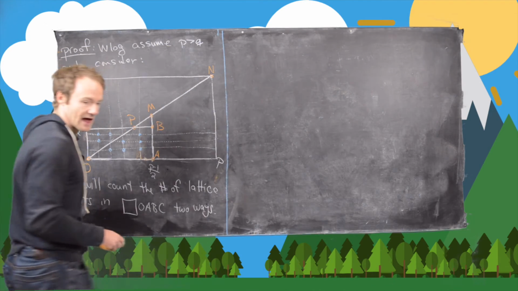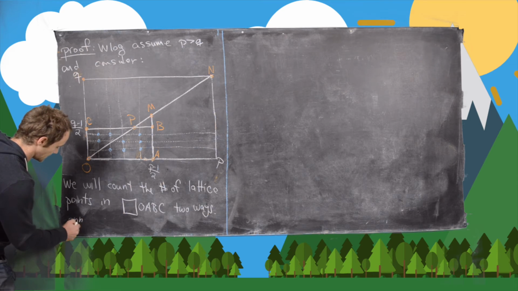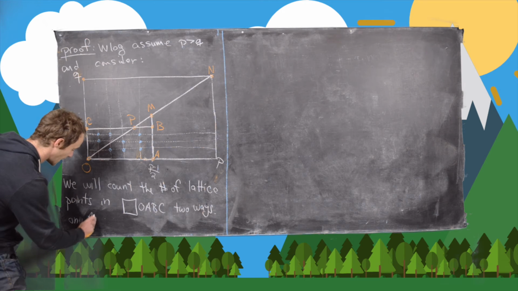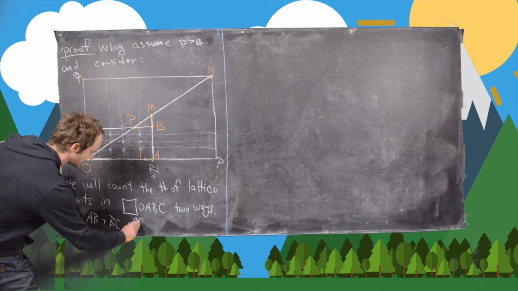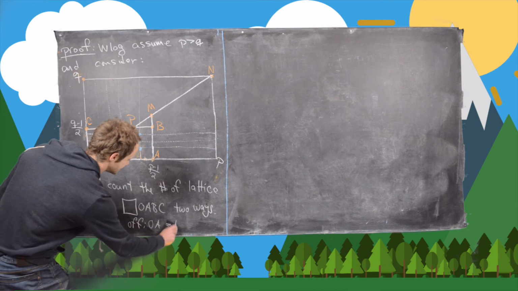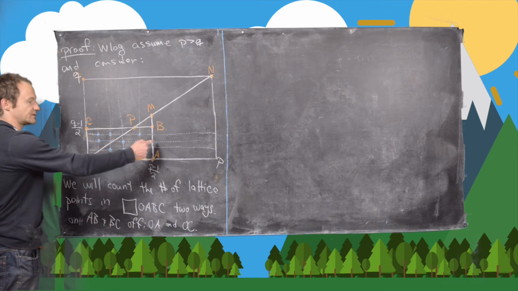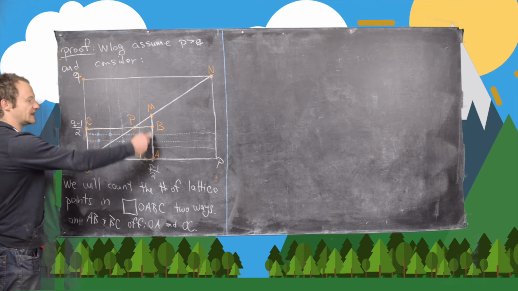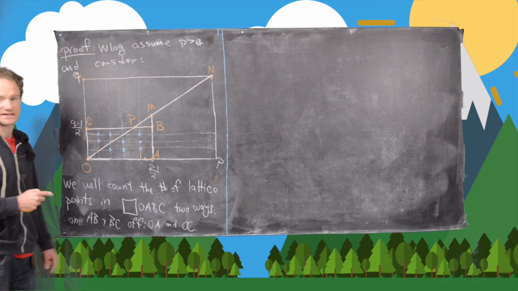We want to count the ones that include all the points on the segments AB and BC, but off OA and OC. So in other words, we want to include the ones not on these coordinate axes, but yes on these end sides here.